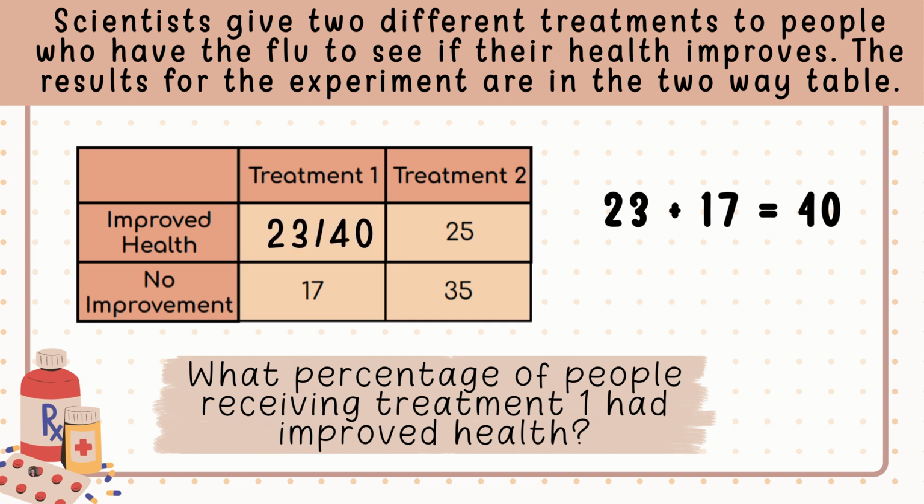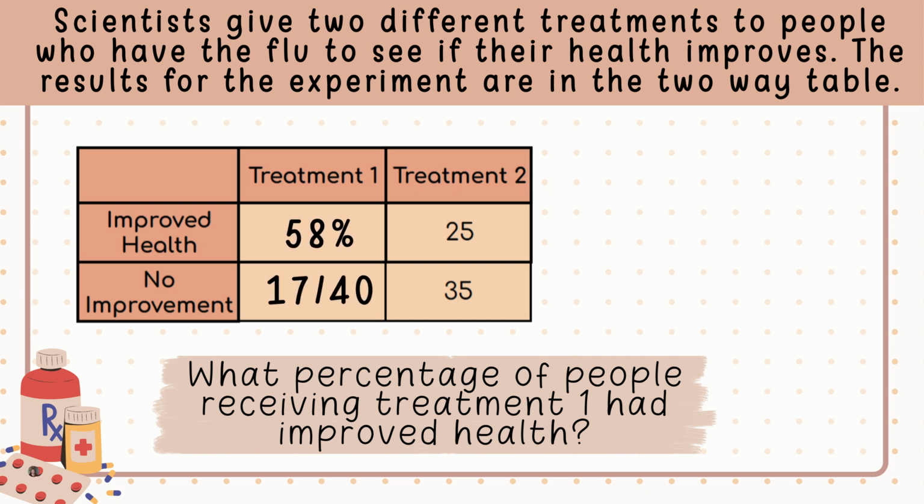So we'll divide 23 by our total of 40, which gives us an answer of 0.58, or 58%. Now we'll divide the 17 by 40, and this gives us 0.42, or 42%. So now we can see that 58% of people who had treatment 1 had improved health.